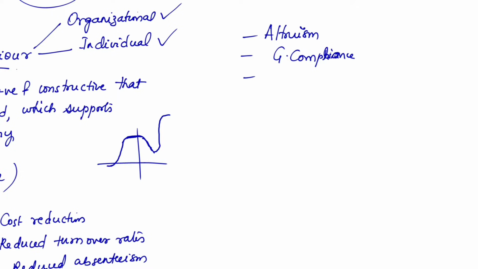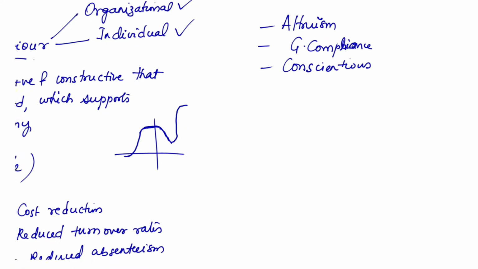Let me practice pronouncing that word once more. Conscientiousness, okay, that's how it is pronounced. Then sportsmanship, that is improving the amount of time spent on constructive endeavors for the organization. Then courtesy and civic virtue. At least try to memorize these dimensions of OCB, because this is a repeating concept throughout this unit.